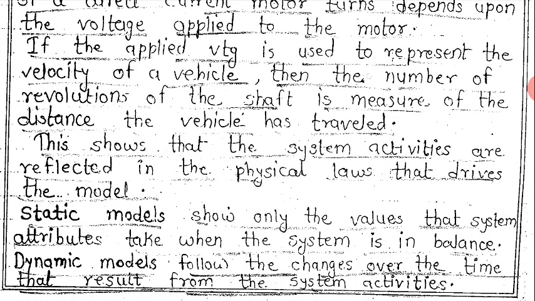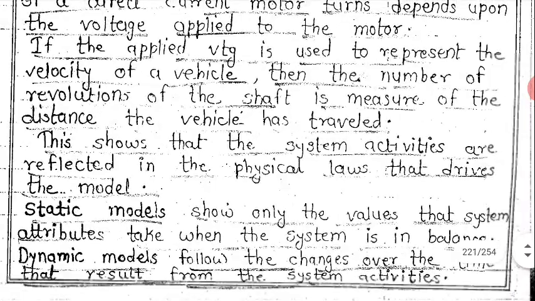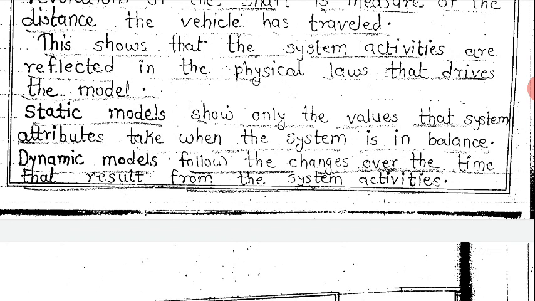It is the distance the vehicle has traveled. So if the distance or velocity of the vehicle increases, the shaft turns more times, and the vehicle travels more distance. So what it shows is that the system activities are reflected in the physical laws that drive the model.